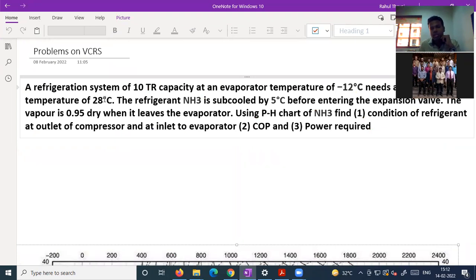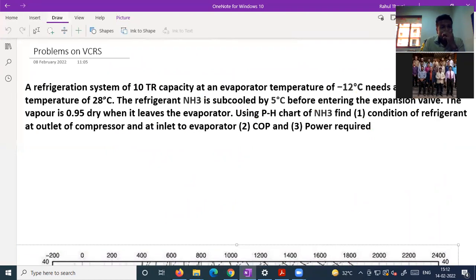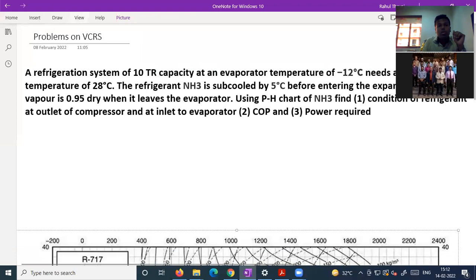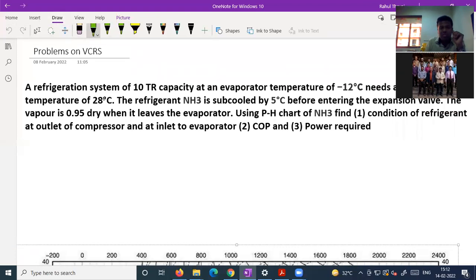Ten TR capacity is nothing but the refrigeration effect we want. So let us start with the solution.